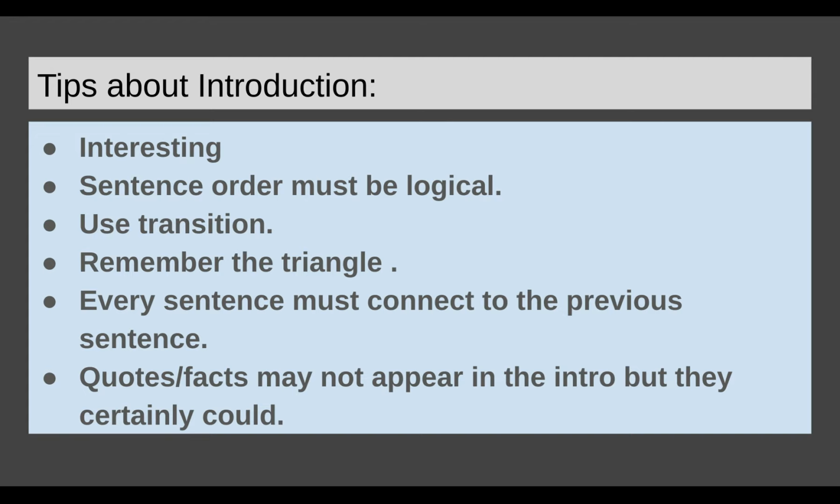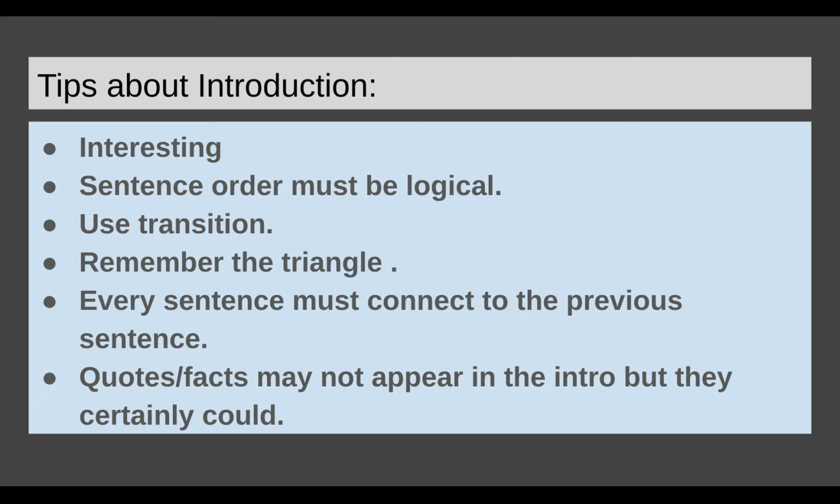Remember to use transition to connect your sentences so that the second sentence sounds like it came out of the first, and the third sounds like it came out of the second. I'm giving you an example there of how transition works.